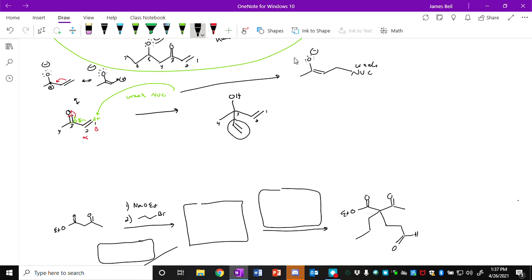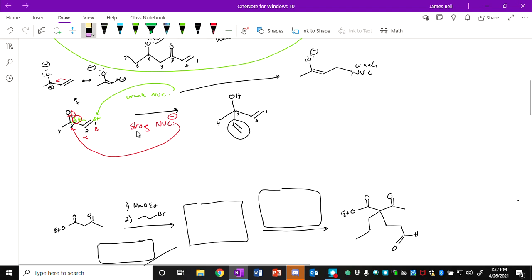If I use a strong nucleophile like a Grignard, if it's got a lot of negative, then the odds are it's going to collide more often at the carbonyl carbon because there's a greater quantity of partial positive there to attract it in. And that's exactly what we want to occur in this reaction.